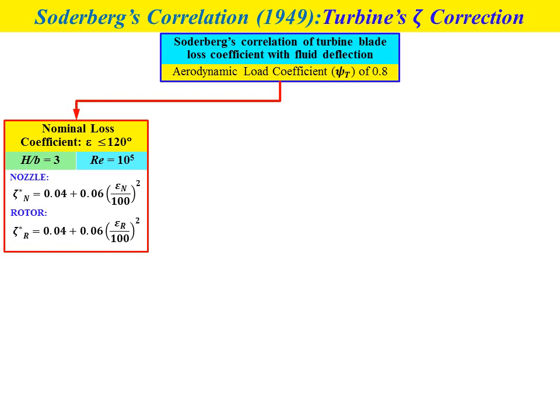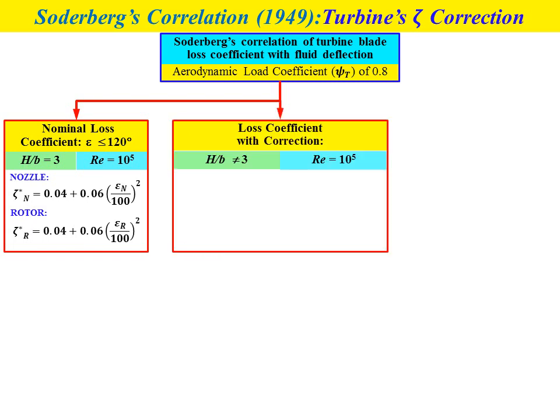Soderberg also introduced the equation if the value of H over B is not equal to 3 but the Reynolds number is still 10,000. However, the equation needs to involve what we call the loss coefficient correction.